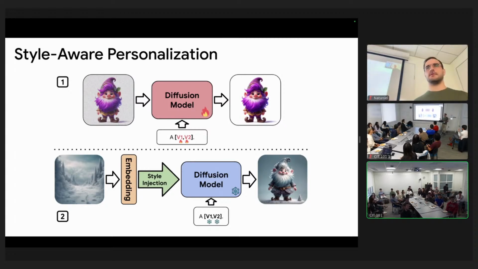Some blocks control more for style, some blocks control more for other things. If you find for your specific model the blocks that control style, I don't think this happens across the board, but at least for SDXL, it definitely happens. So you can see here that you're able to regenerate the gnome in this style, this wintry wonderland style.